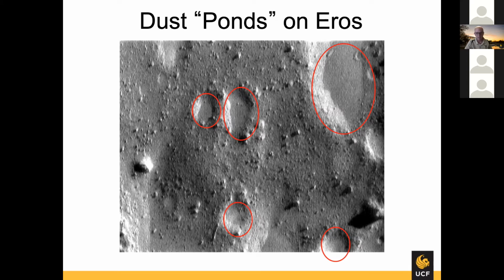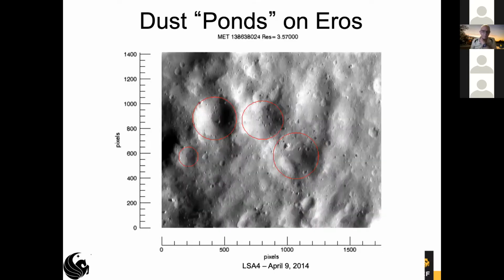So a mechanism was suggested by Robinson in 2004, and it was basically the same mechanism that was responsible for the lunar horizon glow seen by the Surveyor images and these LEAM measurements of dust hopping over the surface of the moon. Here are some more of these dust ponds.